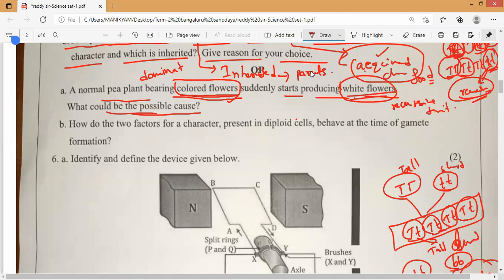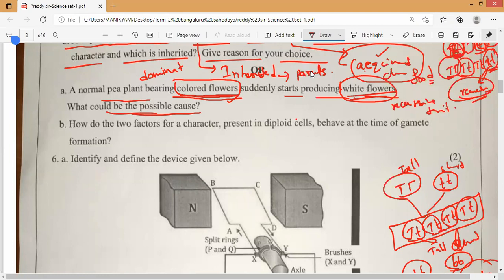So what could be the possible cause? We can say that the gene for the colored trait is the dominant gene, so it prevented the expression of the white gene, which is recessive, for many generations. After mutations or crossbreeding of many generations, F1, F2, or the next crossing, what is happening, guys?